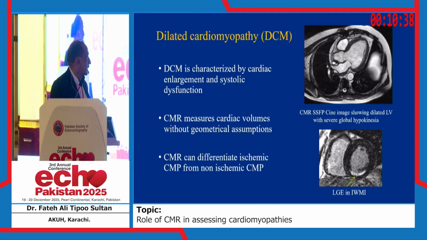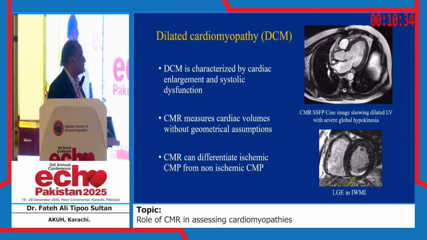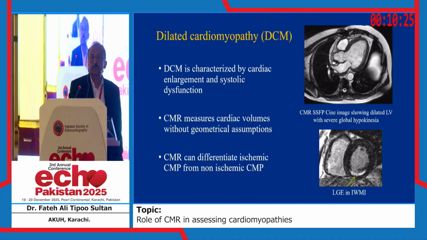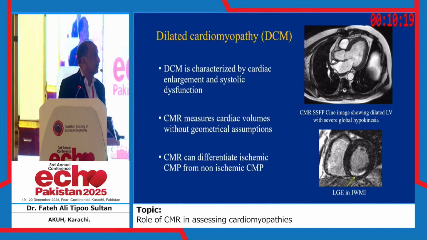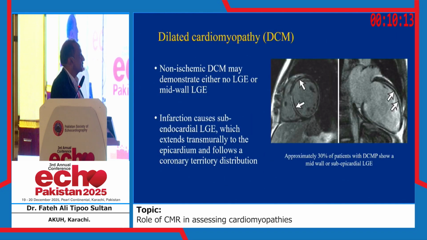CMR can also differentiate between ischemic and non-ischemic cardiomyopathy, because, as Dr. Sajjad also told you, the pattern of hyperenhancement would be different. In ischemia or infarction, it would be from endocardium to epicardium, while in dilated cardiomyopathy there will either be no hyperenhancement or there may be mid-myocardial hyperenhancement.